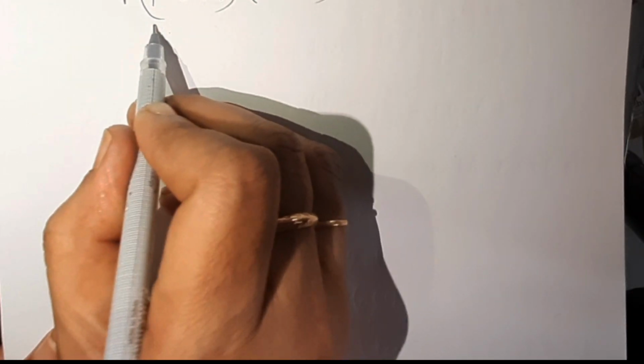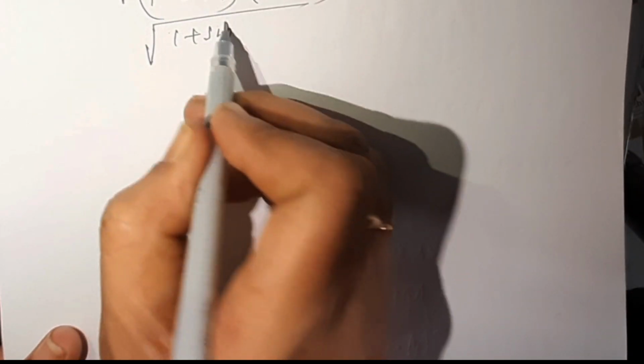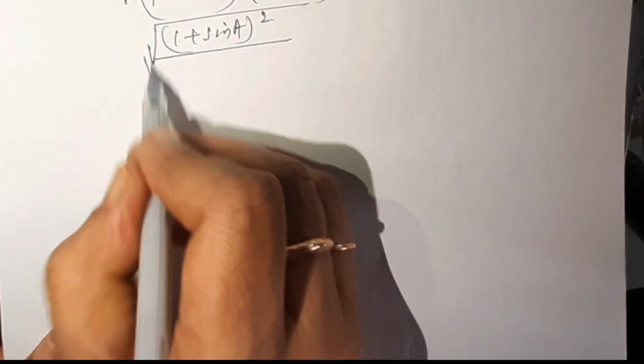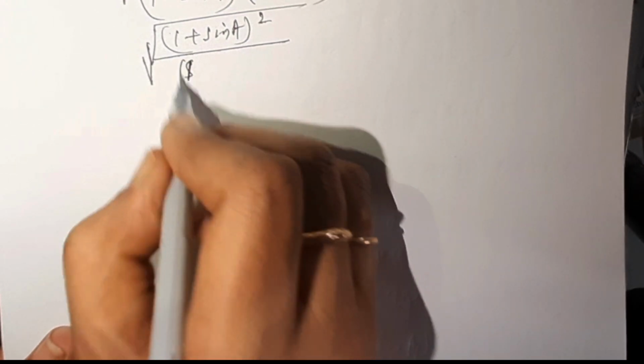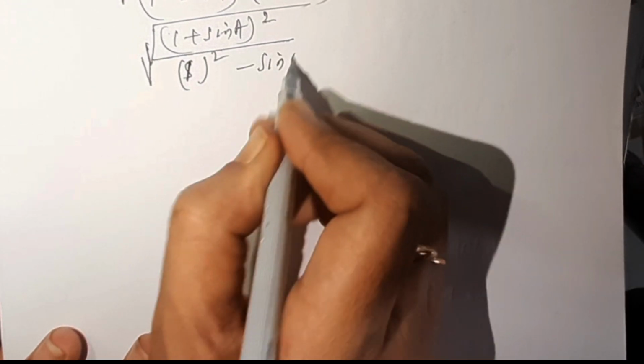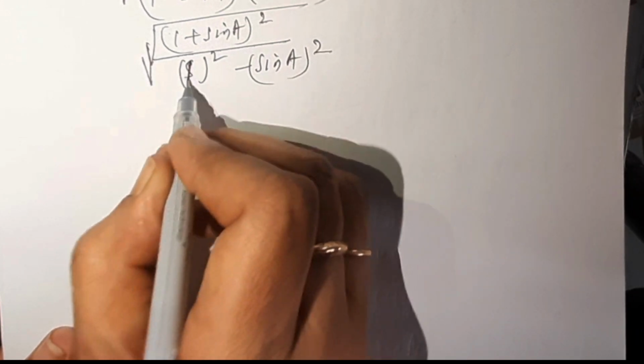Multiply it to both the terms, 1 plus sin A to numerator and denominator. So the numerator is (1 plus sin A) whole square, whereas the denominator is a minus b, a plus b, so we'll make it 1 square minus sin square A, that is a square minus b square.